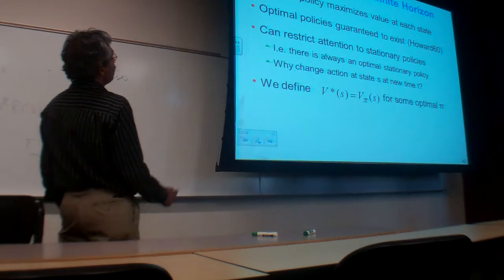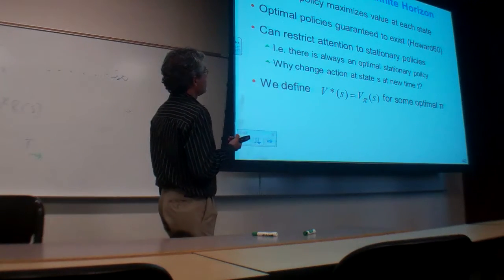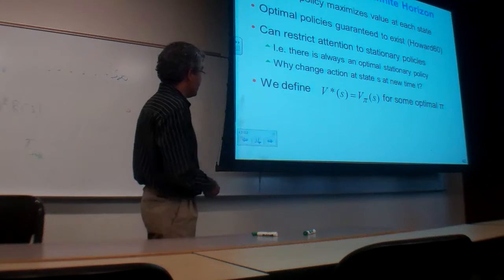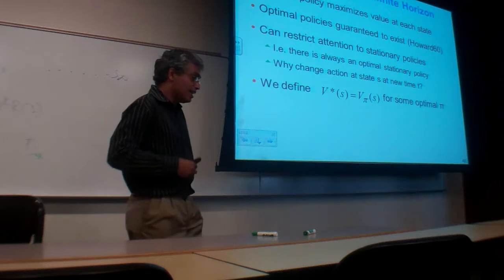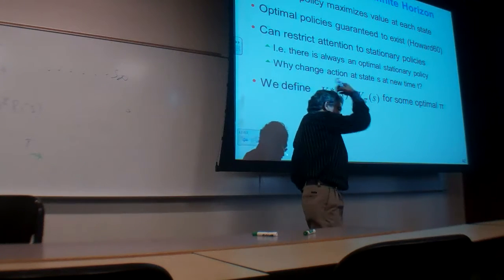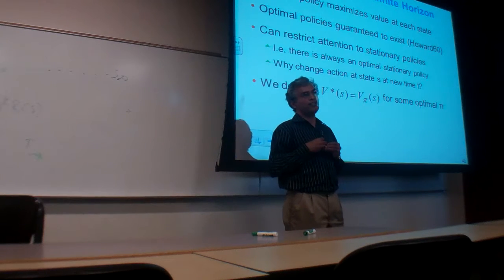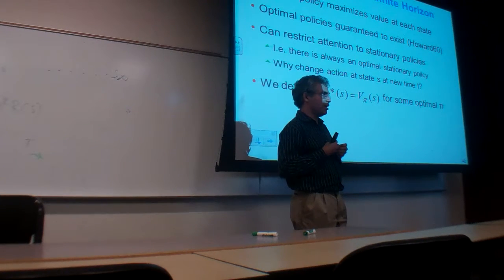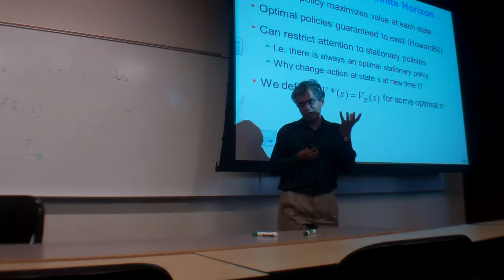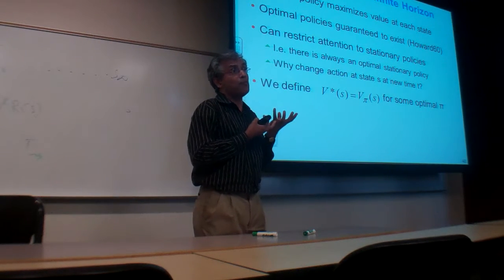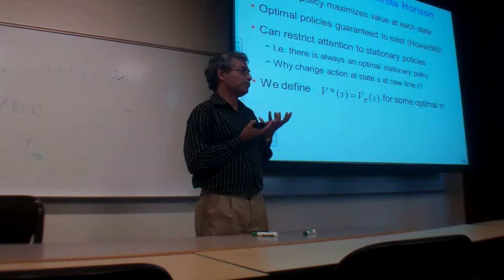Now the optimal policy is going to be stationary for the reasons I mentioned. If there is one, it's going to be stationary, and it will maximize the value that you can reach starting from that state if you were to follow the optimal policy for the rest of it. The value of a state depends on the policy that you're going to be using.